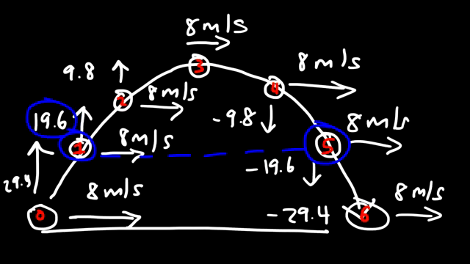This is positive 19.6 and that's a negative 19.6. So the velocities just have opposite signs, but speed in either case is still positive 19.6. So the speed is the same when the height is the same. But Vx doesn't change in a typical projectile motion problem. Only Vy changes based on the gravitational acceleration.